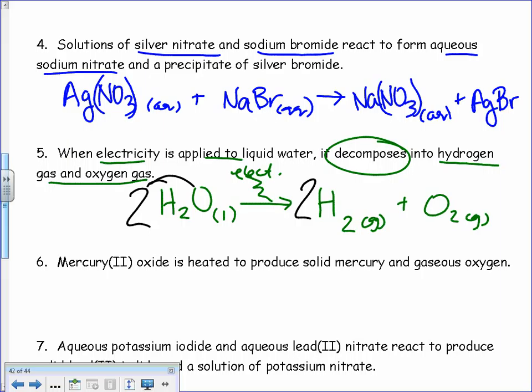That nitrate is still nitrate, and that nitrate is still nitrate. So sometimes, instead of calling them N and O separately, I'll just say, how many nitrates are there? One. There's one nitrate there, and there's one nitrate there, and sometimes that helps you balance it quicker versus going to N's and O's separately. And then you need to precipitate this.